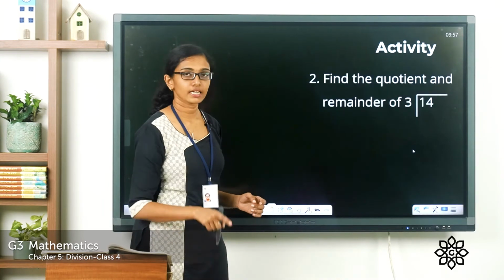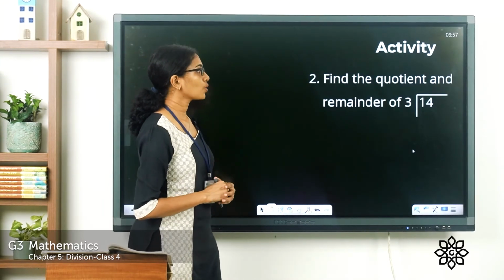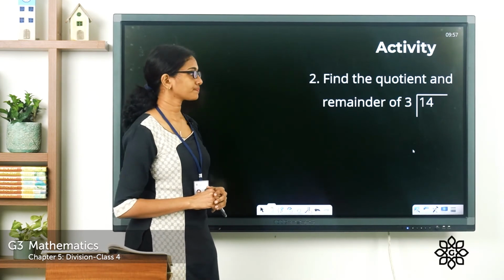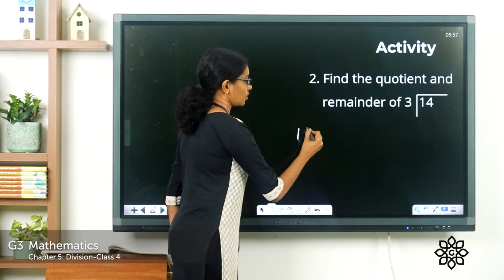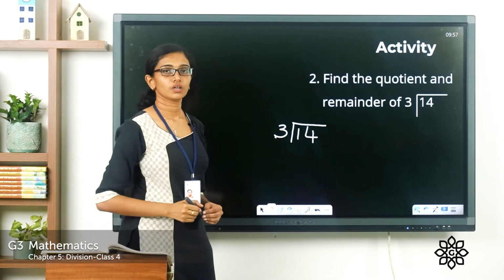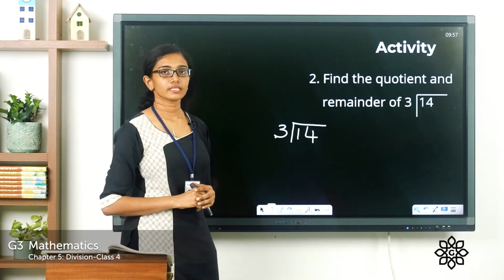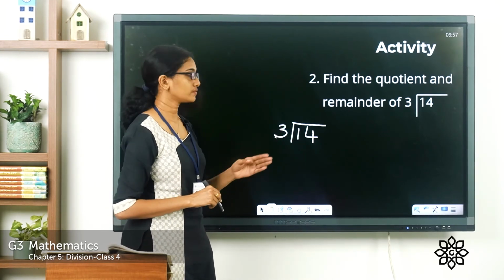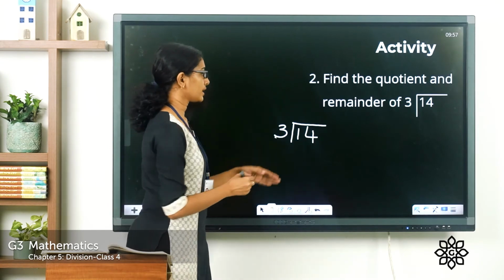Now let's discuss the second question. Find the quotient and remainder of 14 divided by 3. Now, 14 divided by 3. So we are dividing with a one digit number. So consider the first digit, or the digit at the highest place of the dividend, which is 1 here.